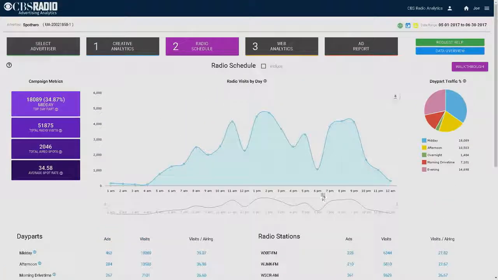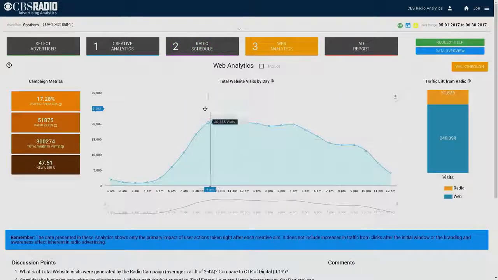And lastly, we can look at web analytics to see what the overall lift in traffic was that came as a result of the radio campaign. In this instance, you can see that the total website visits during this time period was 300,000. Of that 300,000, 52,000 were directly attributed to the radio campaign, which represents a 17.28% lift in traffic.